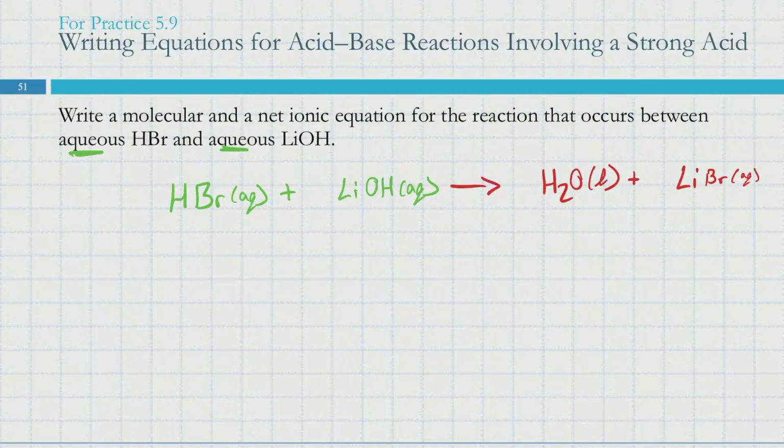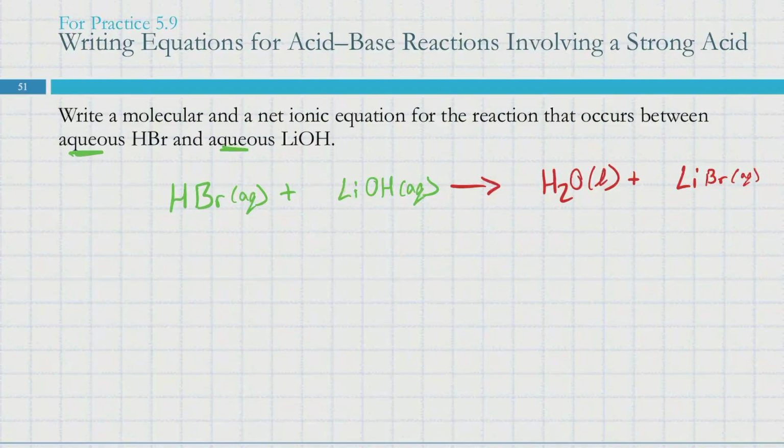Is it balanced? Yes, it is balanced. We've got the H, we've got the OH, together those make H2O. We've got the lithium, we've got the bromide, together those make lithium bromide. So it's balanced, it's a 1-to-1.